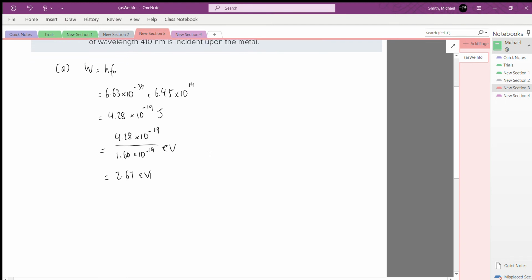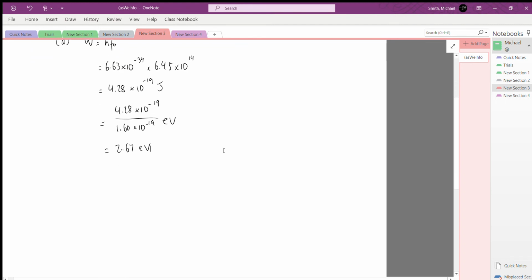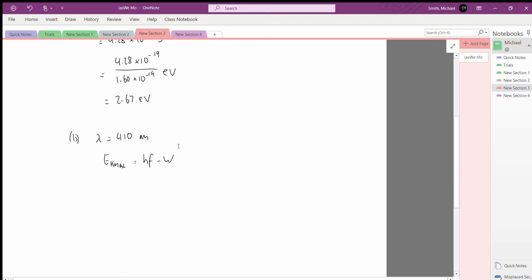Now we need to calculate the maximum kinetic energy of the emitted electrons when light with a wavelength of 410 nanometers is incident upon the metal. So here lambda is 410 nanometers. Like before, we're using the formula, EK max is hf take W, so we need to turn our wavelength into a frequency. That's easy enough.